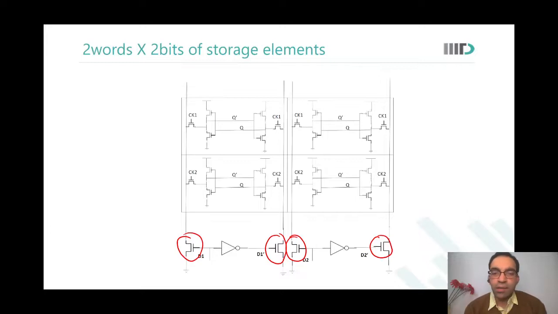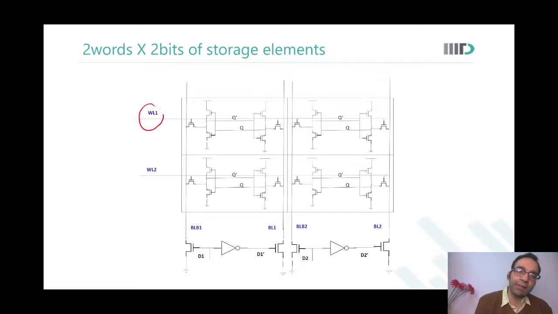It is just that instead of calling this a clock, we call this a word line. And these vertical signals are called bit lines.